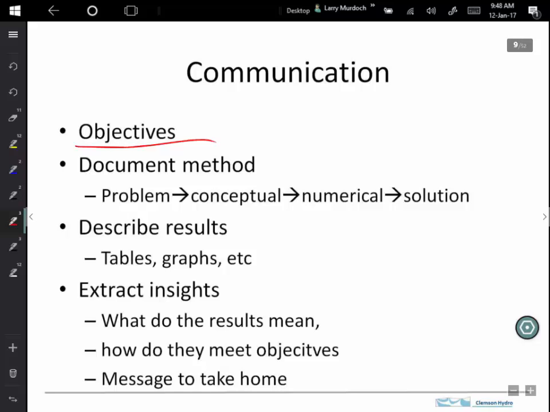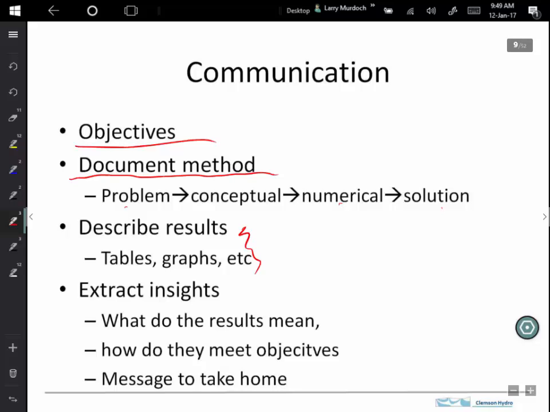And then what I hope you guys can get is some practice documenting the methods that you've used. So this sequence of defining a problem, doing a conceptual model, numerical model, and then a solution. We need to be able to describe that, present results in terms of graphics, and describe what happened, and then extract some insights.